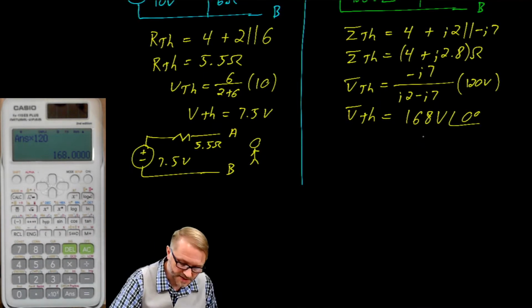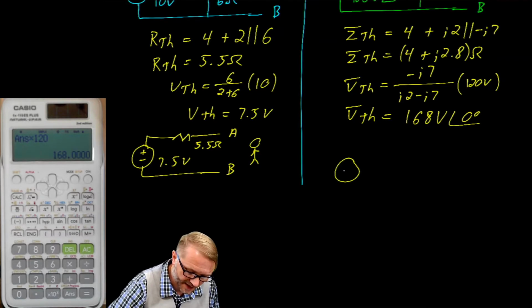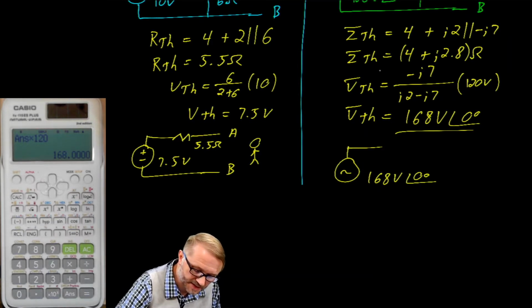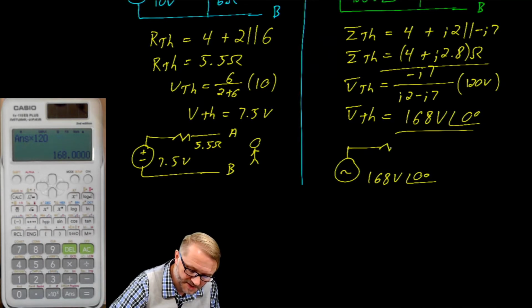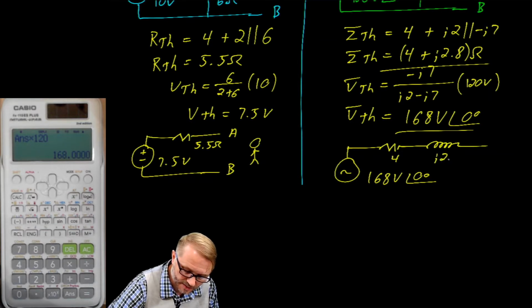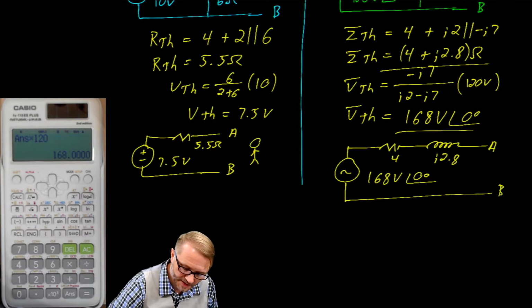Now that the hard work is done, we can sketch our circuit as a Thevenin voltage source, in this case 168 volts at a phase angle of 0 degrees, and the impedance, which is here. That's a resistor with a value of 4 and an inductor with a value of J2.8. And looking into this circuit, you cannot tell it apart from the original.